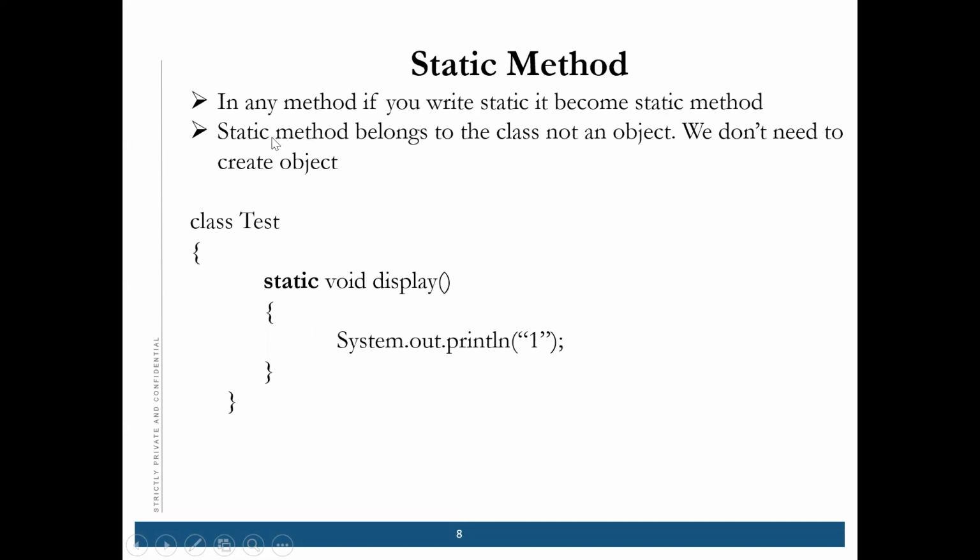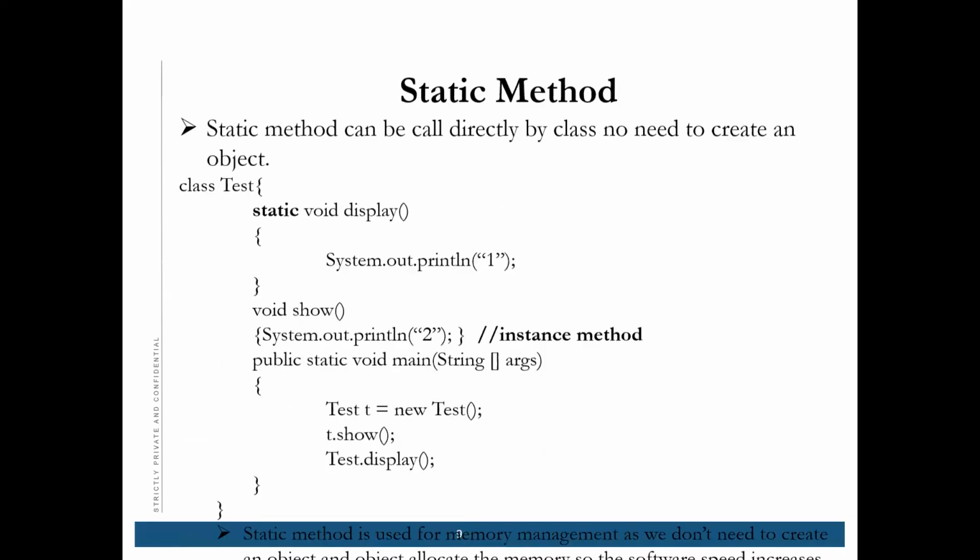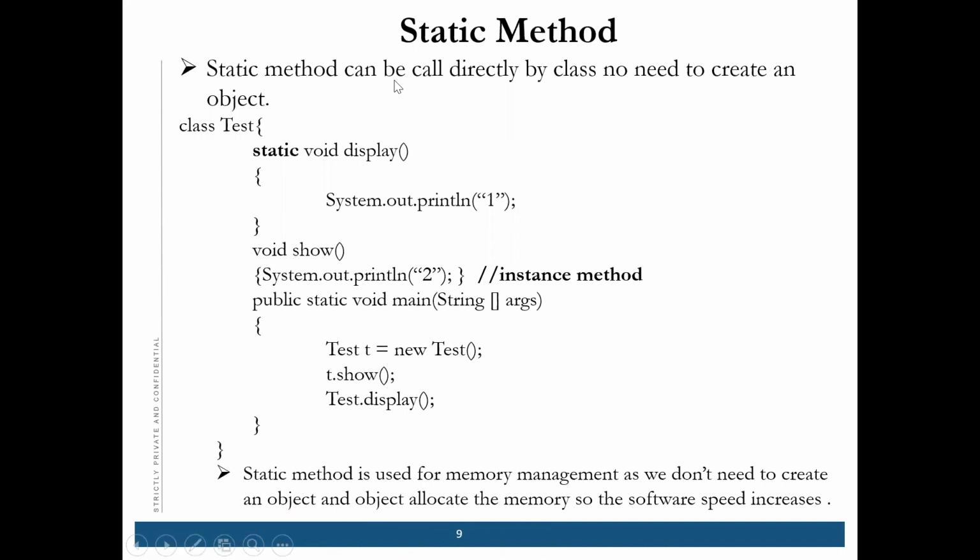A static method belongs to the class, not the object. So a static method is always in the class. We don't need to create an object for this. You can just call it like that. I will show you. The static method can be called directly by class. No need to create an object.